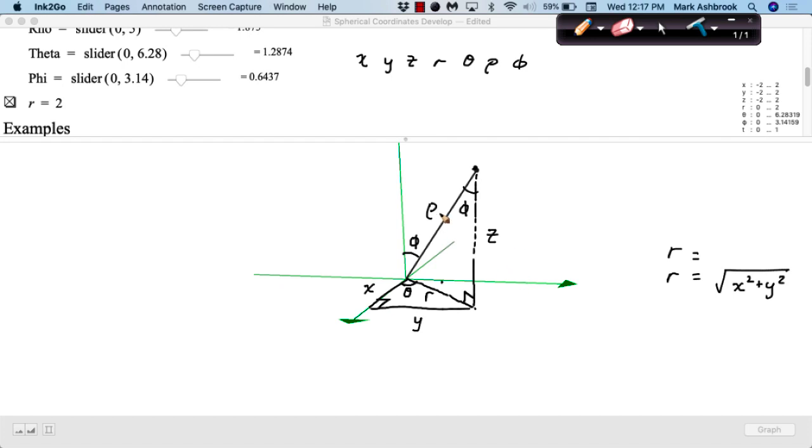Is it rho sine phi, or rho cosine phi? Sine, right? Because it's opposite. So rho is the hypotenuse, so then r is the opposite side. It's going to be rho sine phi. Everyone see that?